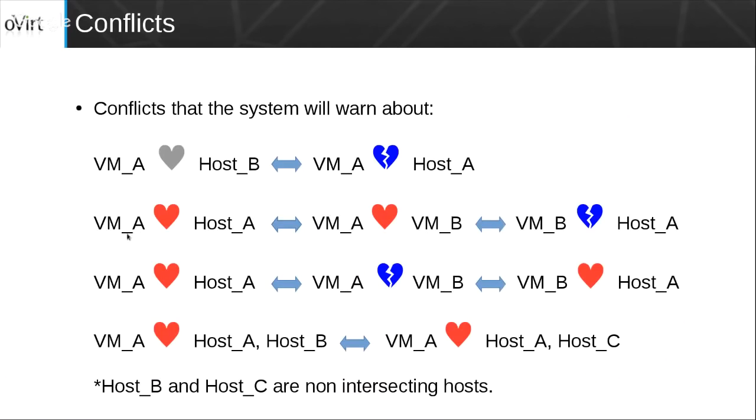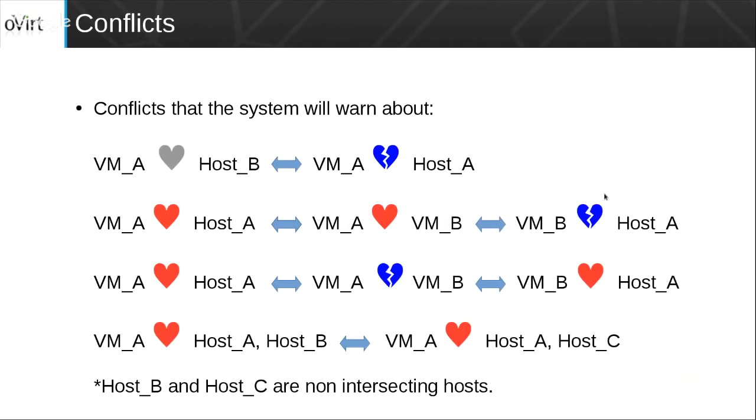Another use case is that we have a strong positive affinity for a VM A with host A in one affinity group, and another VM B with the same host A and negative strong affinity, and the third affinity group containing only VM A and VM B with strong positive connection.